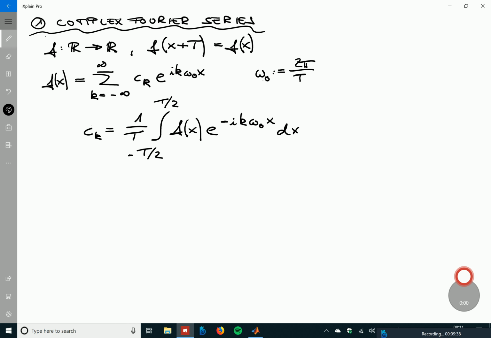If you think of Euler's formula, which you should always have in the back of your head, then it's not so surprising that this term here can account for cosine and sine functions. But how, I want to also show that explicitly.